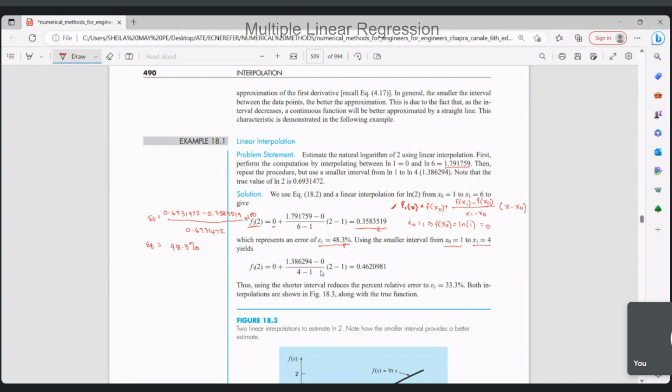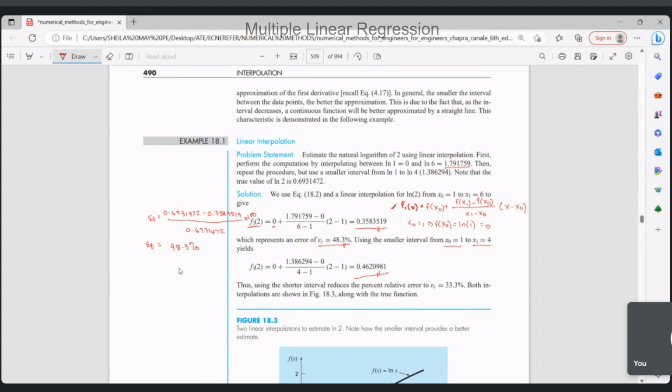So that's ln of 4. Answer na is 1.386294 minus function sa itong x sub 0. That's 1 divided by x1 minus x sub 0 multiplied by our x, which is 2, minus x sub 0, which is 1. And that would give us 4.620981.